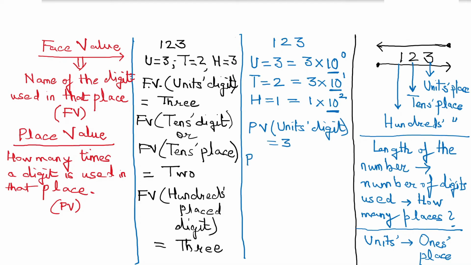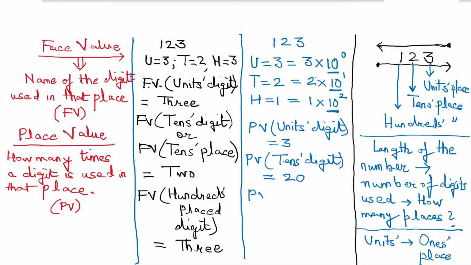The place value of the tens digit is how much? You have used 3 how many times? Incidentally, I just made a small mistake here. We had to write this as 2. So how many times have we used it? We have used it 10 times. So this becomes 20.